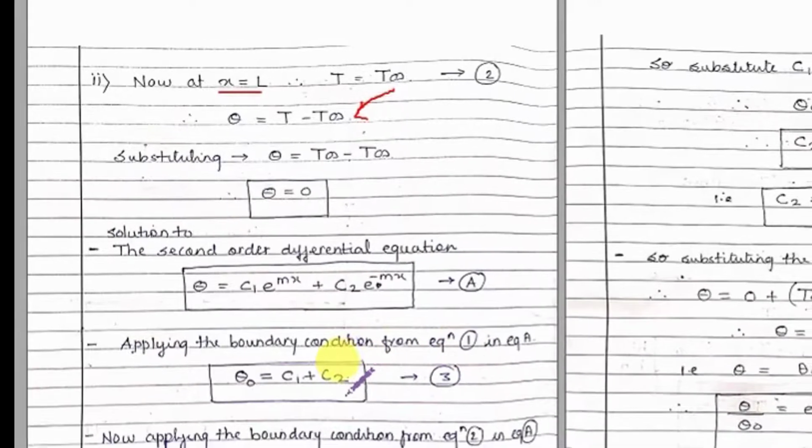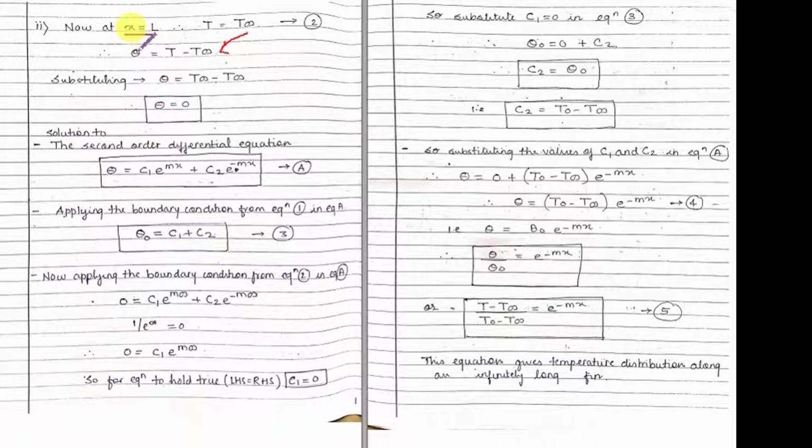Next we will apply the second boundary condition. What is the second boundary condition? It is x is equal to L, T is T infinity. We will substitute this value in this equation.